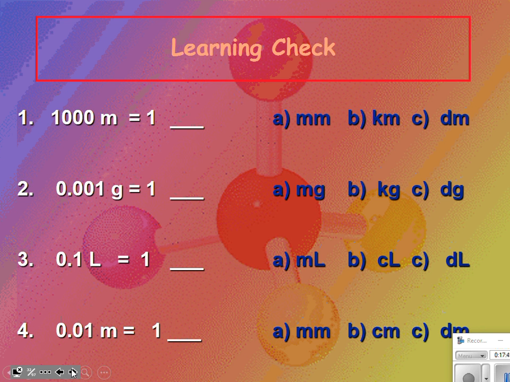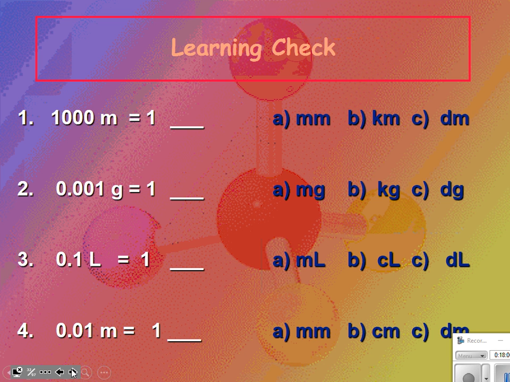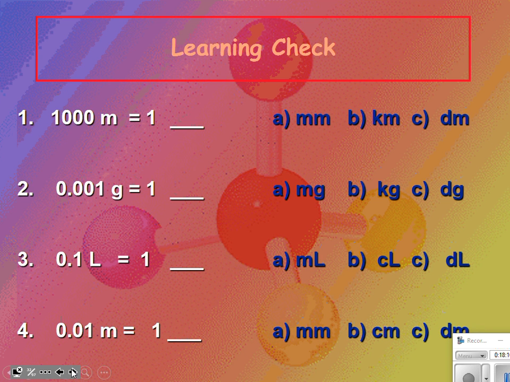Here's a learning check. 1,000 meters is equal to 1 what? A, B, or C? B, a kilometer, right? Okay. 0.001 grams is equal to what?